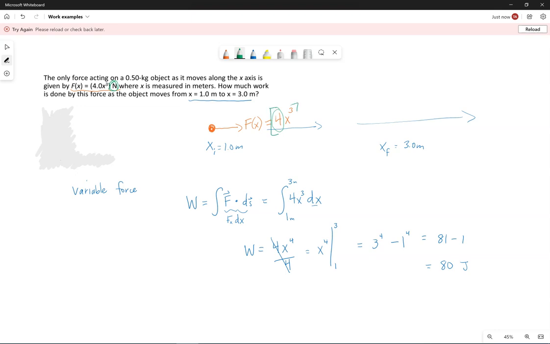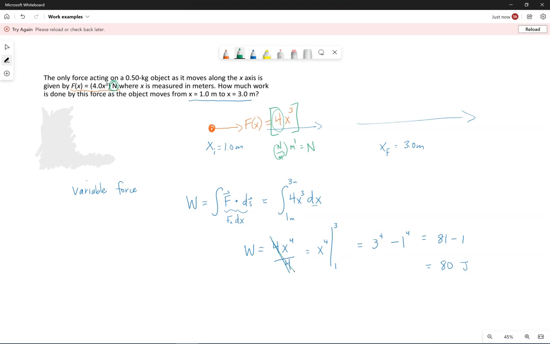So when we put in some number of meters and cube it, whatever units the 4 has, we need to end up with newtons. So the 4 needs to have units of newtons per meter cubed so that it cancels with the meters cubed when we plug in an x value to get newtons.